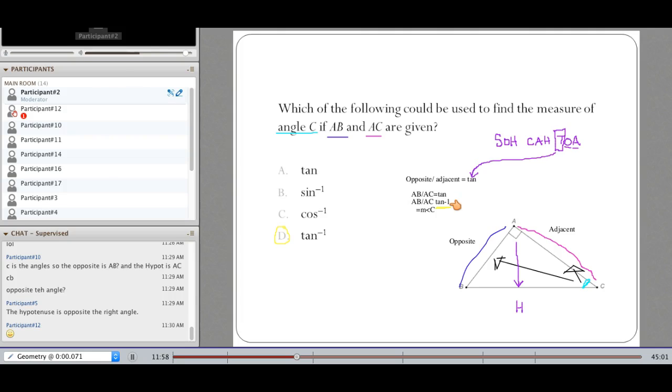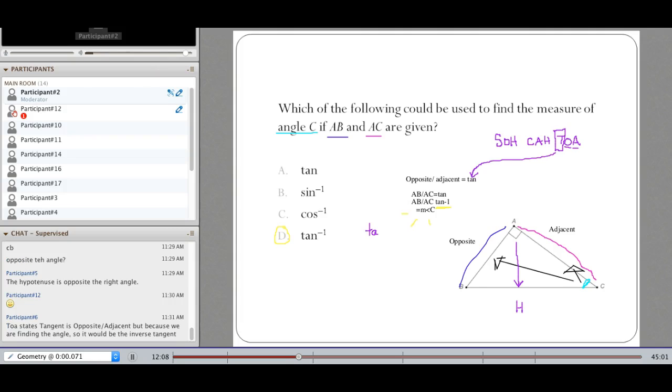Now, if you guys chose A, you were really close. You got tangent. The reason, though, that you have to use tan inverse is because, and I know this is hard to type out, if you have tangent of C equals AB over AC, you don't have angle C by itself yet.